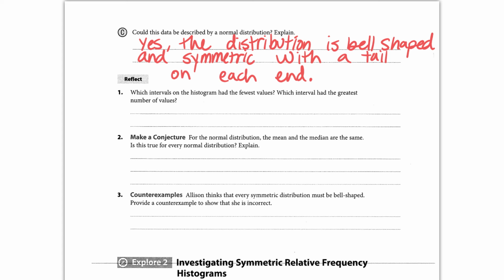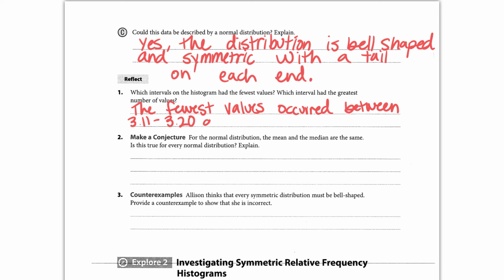So the fewest was at the ends. The most was between 3.41 and 3.5, right in the middle.